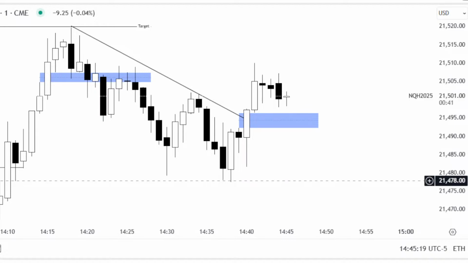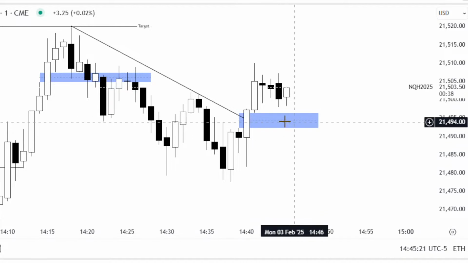It all depends what's happening in this fair value gap zone.